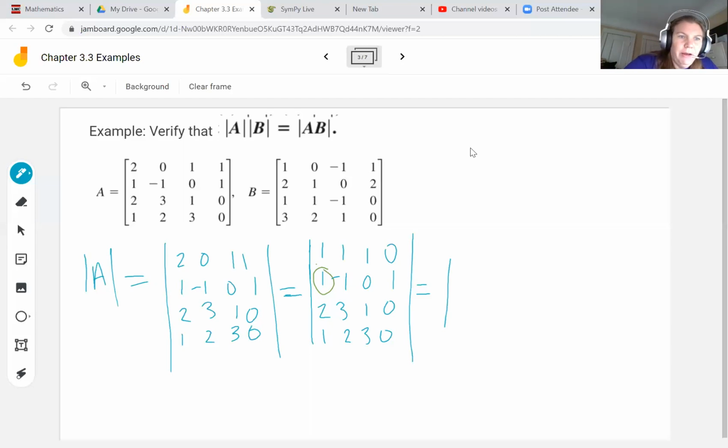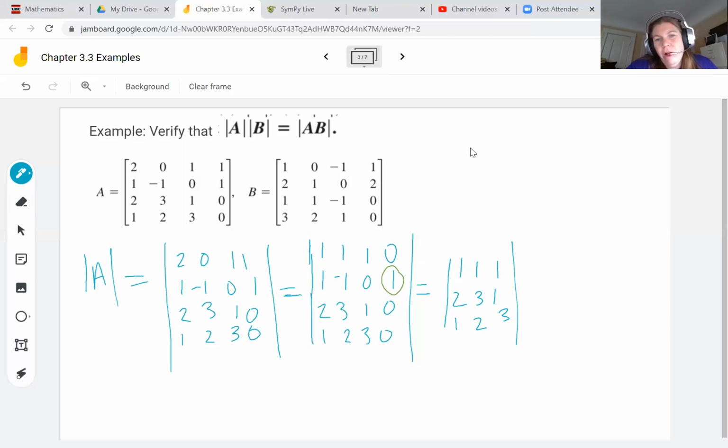Oh, you know what? Looking at my notes, I'm going to take this one first. So then I have 1, 1, 1, 2, 3, 1, and 1, 2, 3, because I've eliminated all the other values in the rows and the columns. This is my choice here, not this one.